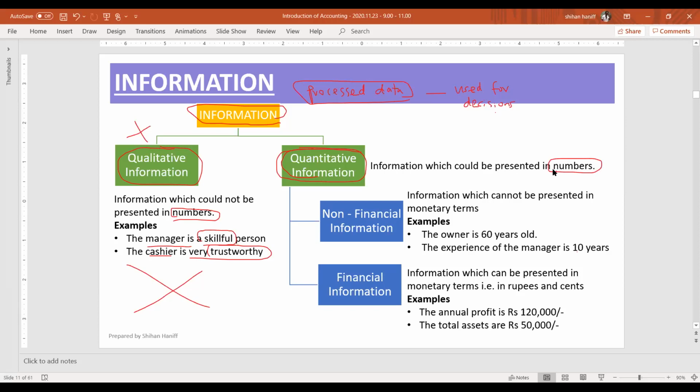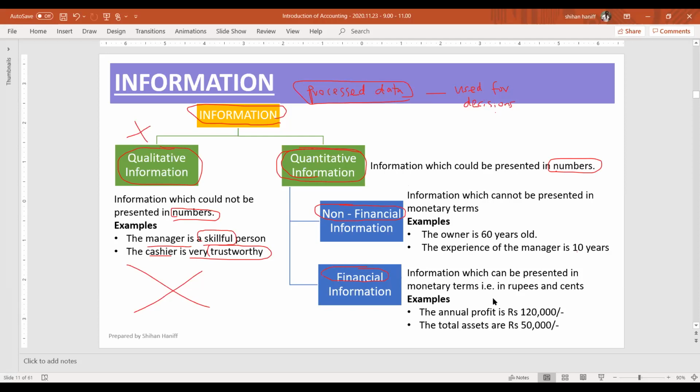And we don't take all the quantitative information. This is also divided into two: non-financial and financial. Even though you can present it in numbers, there is some information you cannot present in rupee values.